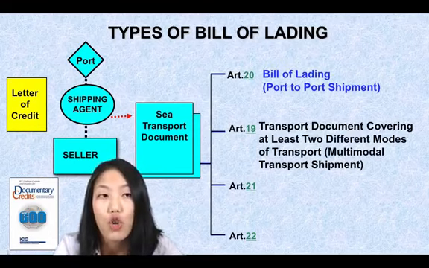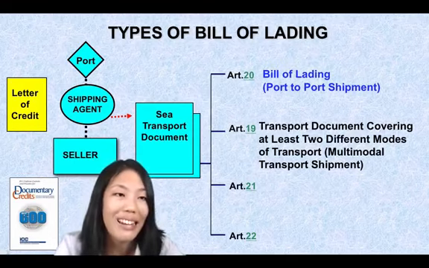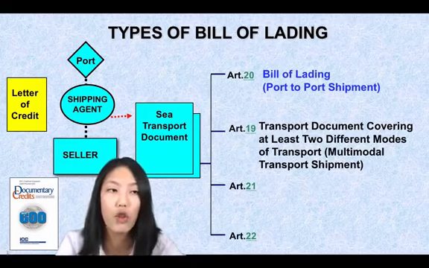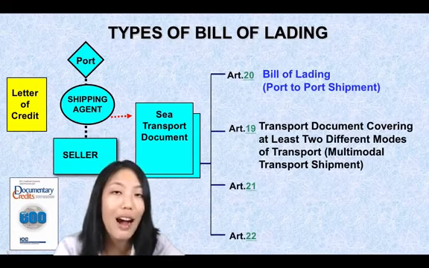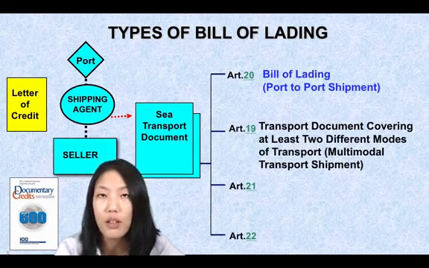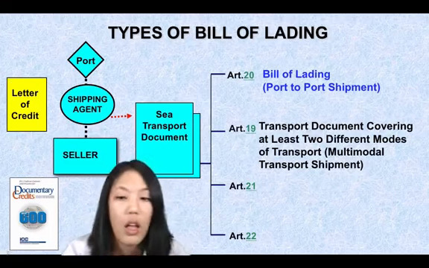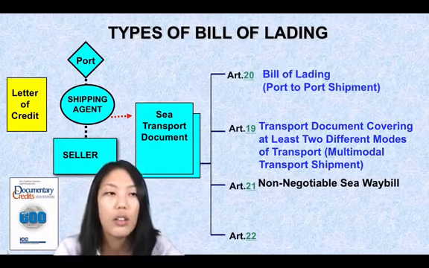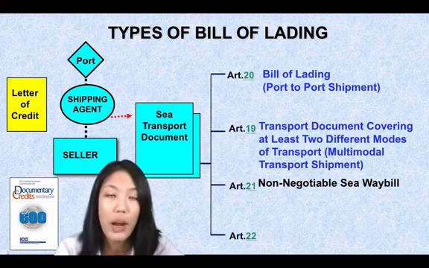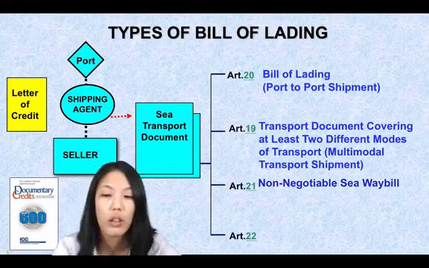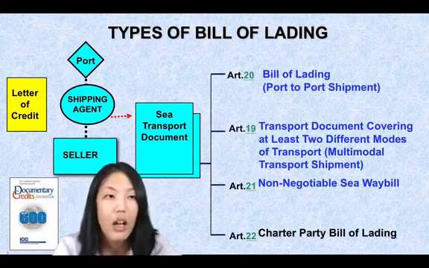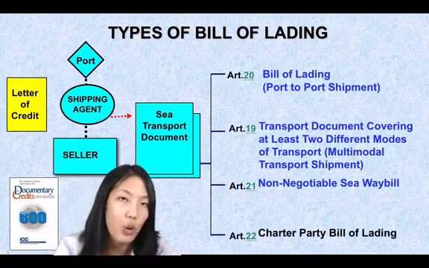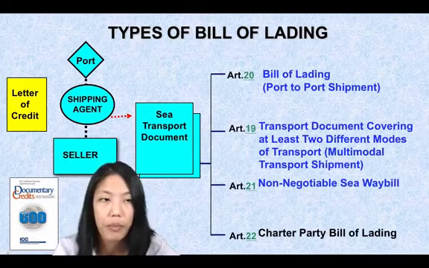Number 2, transport document covering at least 2 different modes of transport, also known as multimodal transport, under Article 19 of UCP 600. The third is non-negotiable seaway bill, covered under Article 21 of UCP 600. Number 4, charter party bill of lading, covered under Article 22 of UCP 600.